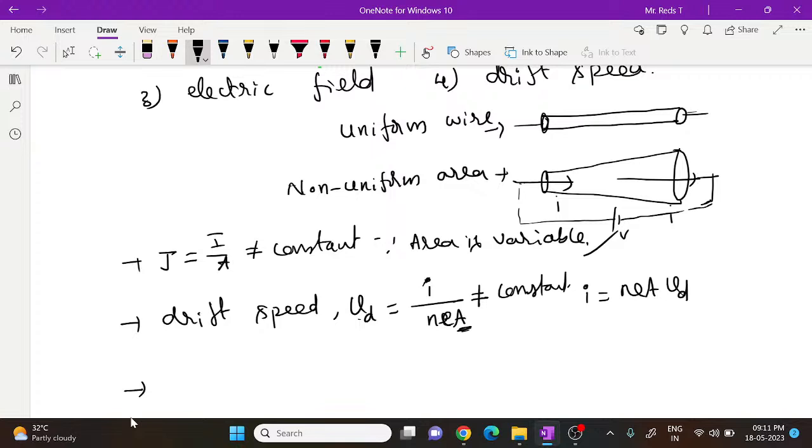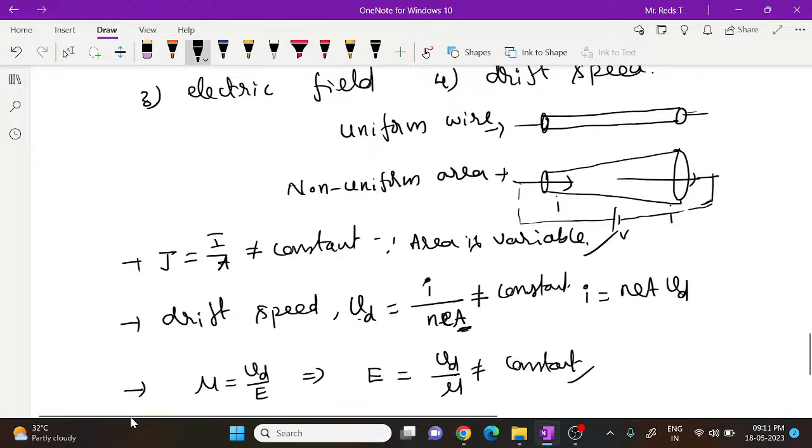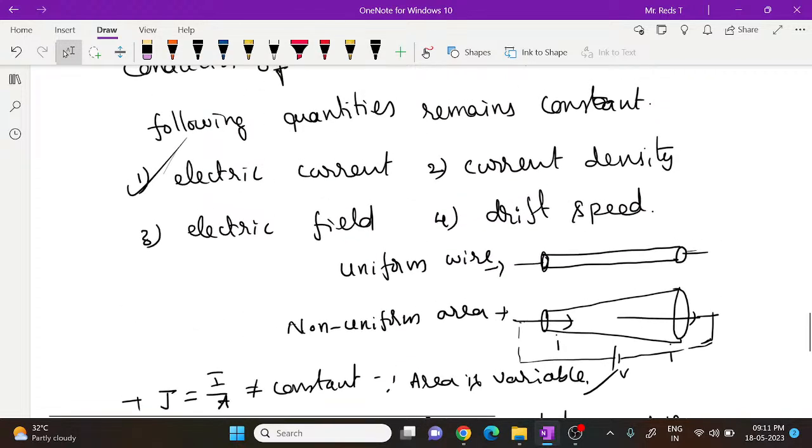Mobility mu is equal to drift velocity per unit electric field, so electric field E is equal to drift speed by mobility. As drift speed is variable, the electric field will also be variable, not constant. Hence electric current will be constant.